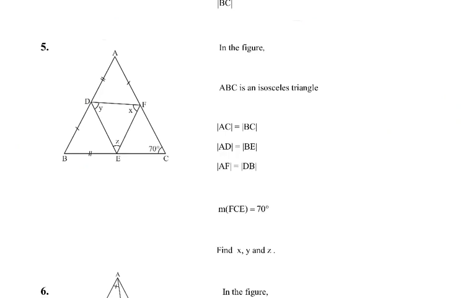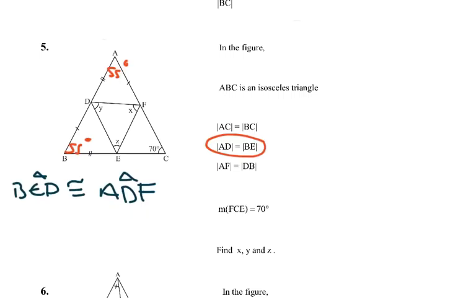In 5 then, we've got one isosceles triangle. AD is equal to BE. So that means that this angle is 55, this angle is 55. We can also see then that these two triangles are congruent, and that is by side, angle, side.